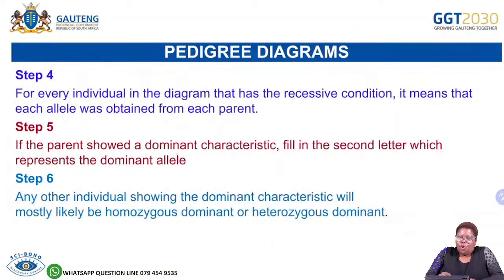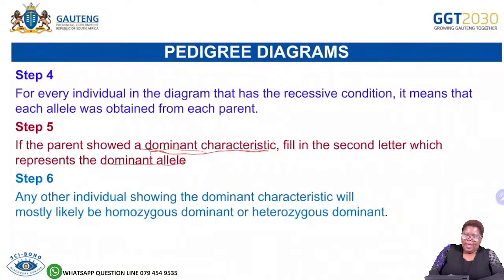If the parent showed dominant characteristic, remember, whenever we talk about the dominant characteristic, it's most appearing there. It is visible. It masks the recessive one. So if the parent showed dominant characteristic, fill in the second letter which represents the dominant allele, right?